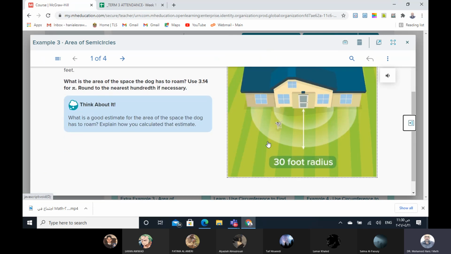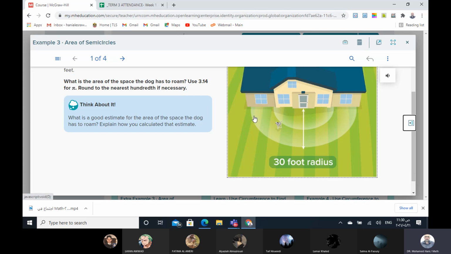As you see here, this is a semicircle, and this smaller one is also a semicircle. So what is the area of the space the dog has to roam? Use 3.14 for pi, round to the nearest hundredths if necessary.